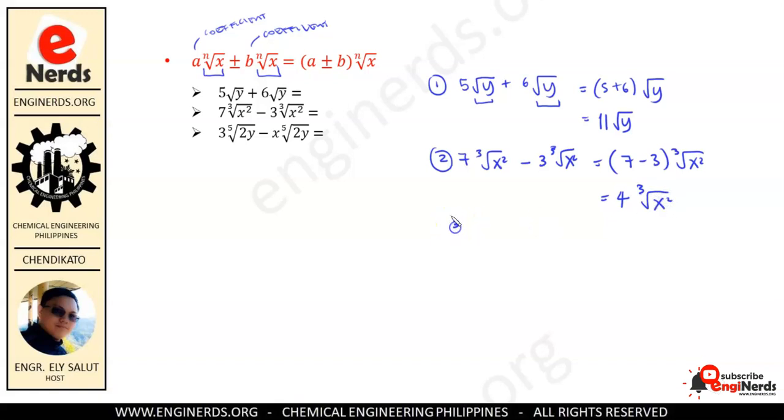And then last problem, we have 3 fifth root of 2y minus x fifth root of 2y. So this will be equal to 3 minus x fifth root of 2y. So this is our final answer right here.